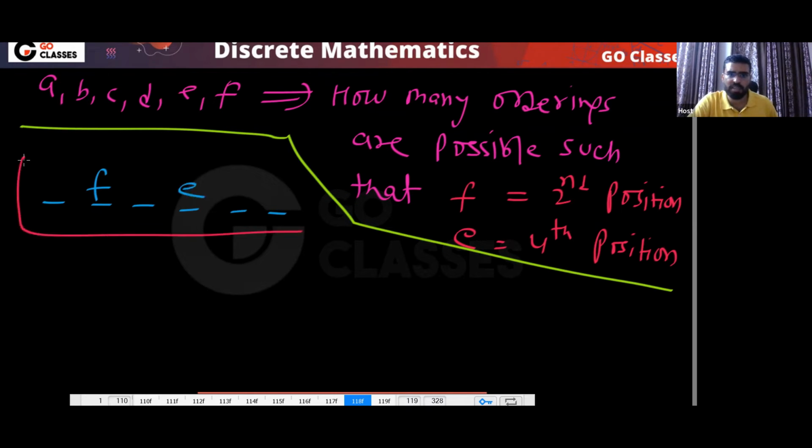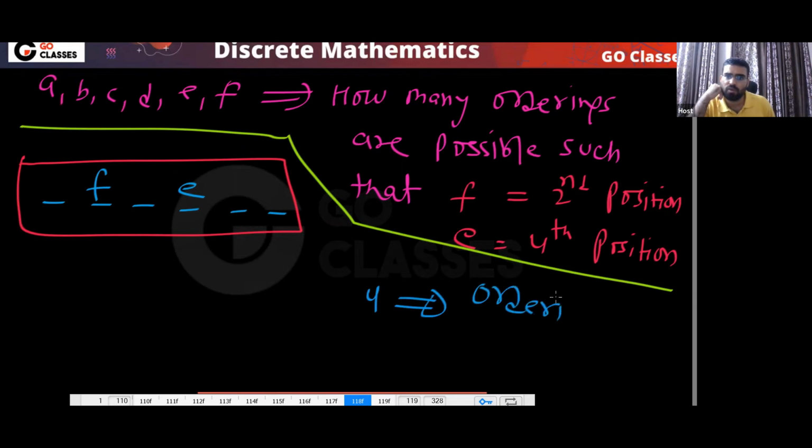So how many orderings, how many templates do we have? Remember, F and E are fixed. F is here, E is here. The remaining 4 people can arrange. For the remaining 4 people, how many orderings? 4 factorial, yes or no?